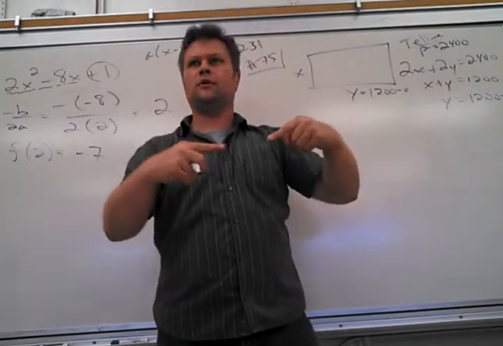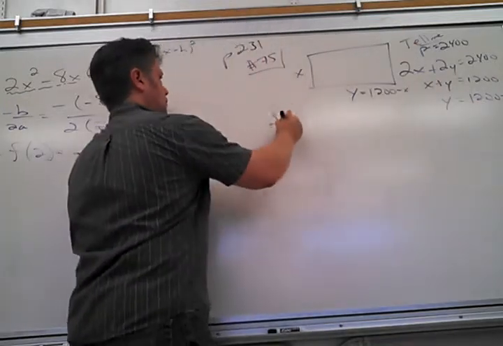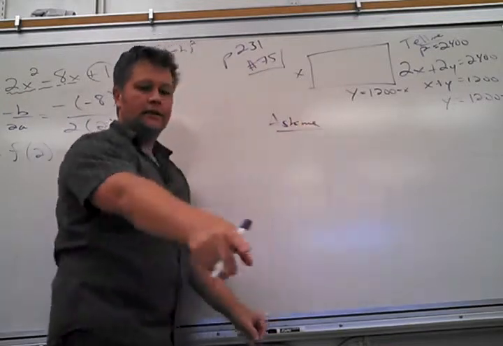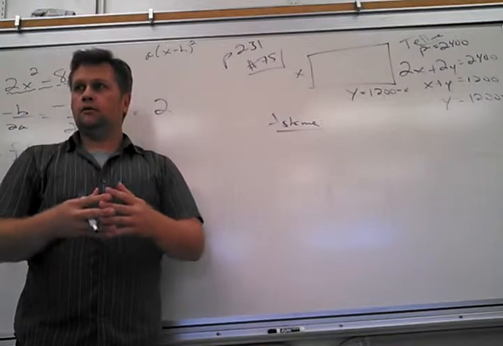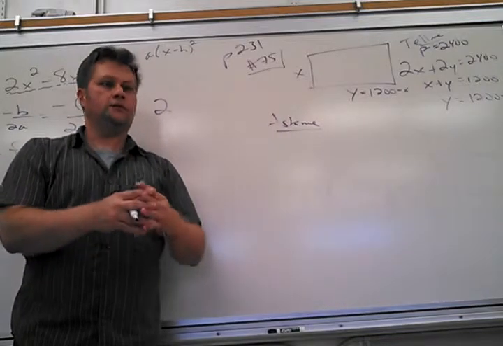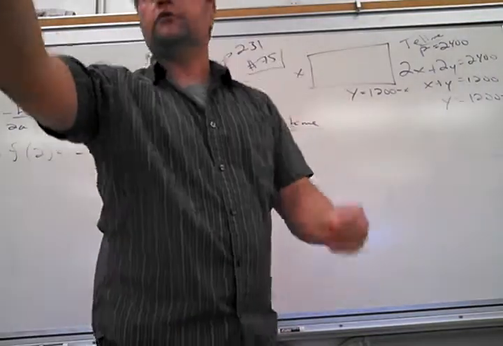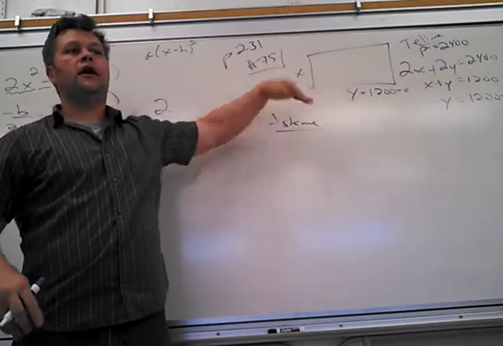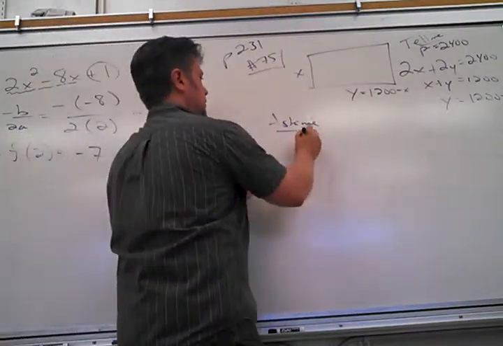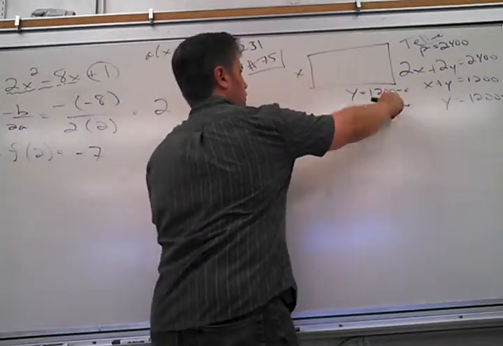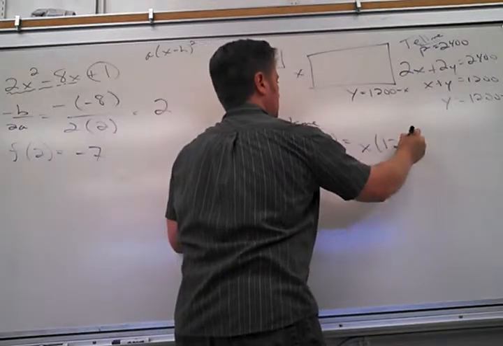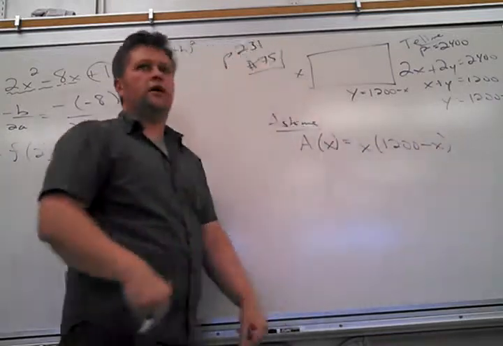Now, what do they ask me about? What do they ask me to do? Find the sides. Find the function. For what? Ah, cool. So they tell me about perimeter, and they ask me about area. So, of course, now it's easy. What's the area function going to be? x times (1200 minus x). You just multiply length times width.